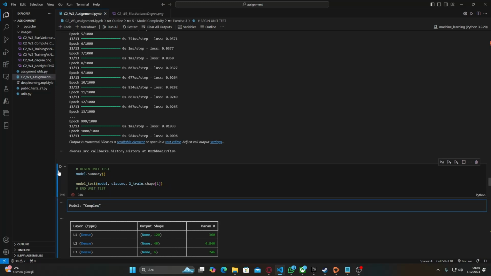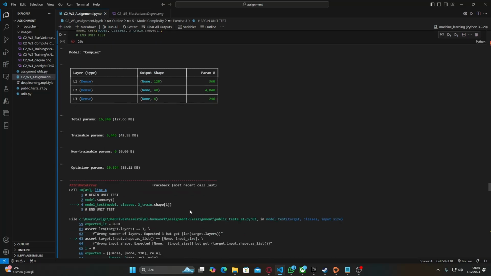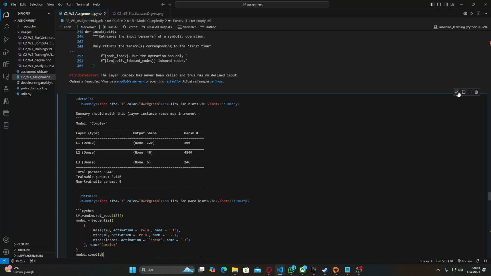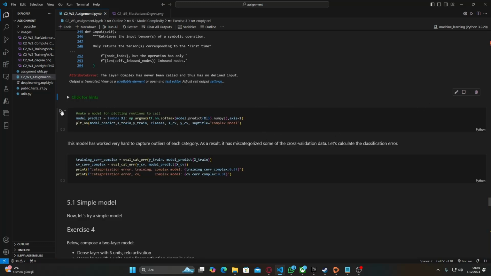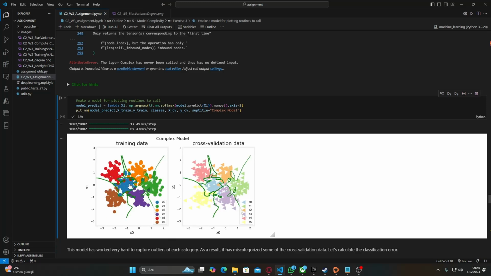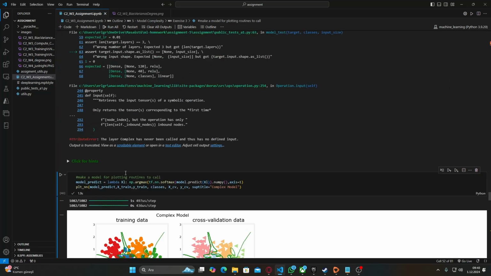Okay, why is this giving me an error? I'm not sure. Let me close the hints. Let me run this one. This is my training data and cross-validation data. These are looking similar.